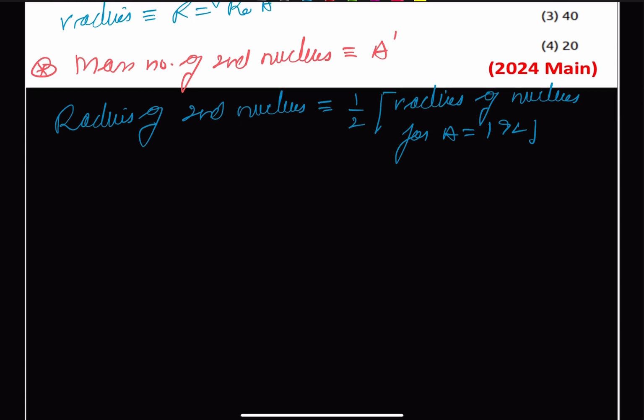Let us call the radius of the second nucleus r prime. So r prime will be equal to 1/2 multiplied by r.